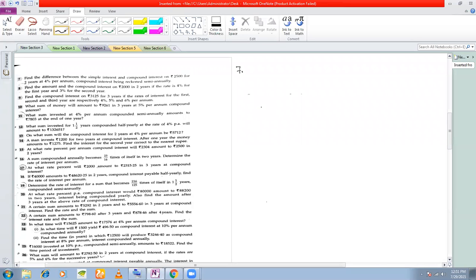So let's calculate your friend's income first. Calculation of SI. So here principal invested is 2500. Time here, because we represent time by T in case of simple interest, capital T here is 2 years, and R here is 4%.